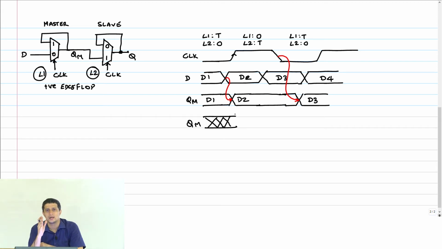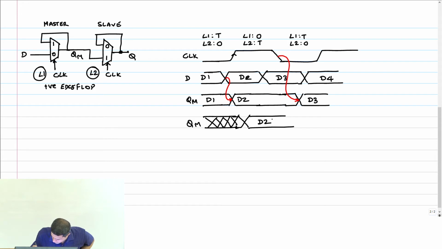The latch L1 has already sampled the data that you wanted and it is holding it through the positive cycle, at which point L2 is now becoming transparent and therefore the change in D2 will go out. Okay?